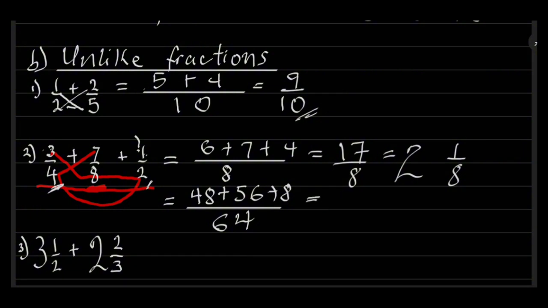Now we add all the numbers. That will be 48 plus 56 plus 8. That will give us 112 and then 64.